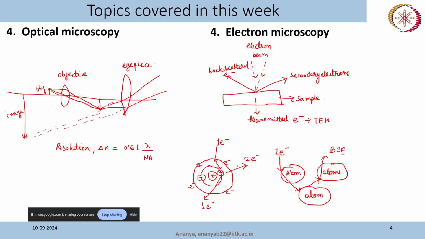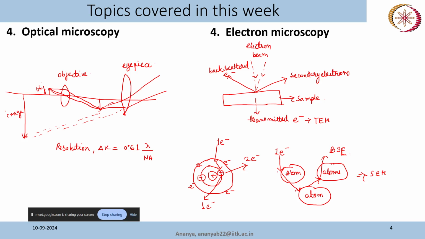Now you can do the imaging using this backscattered electron or the secondary electron in SEM. Both these electrons have different energies, so we can differentiate them based on the energy, and based on that we can do the imaging of the sample.